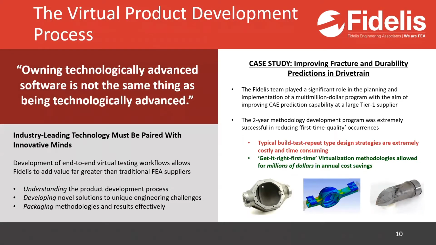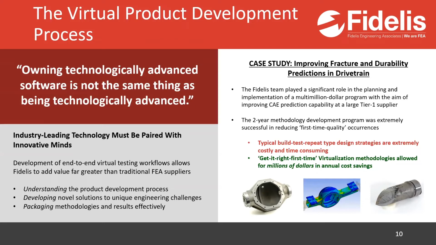So this is where Fidelis gets to separate itself from the rest of the more traditional FEA suppliers in providing end-to-end virtual testing workflows. And what we need to do is understand the product development process properly, develop novel solutions to the unique engineering challenges that we face, and then importantly, package methodologies and results effectively so they can be used going forward.